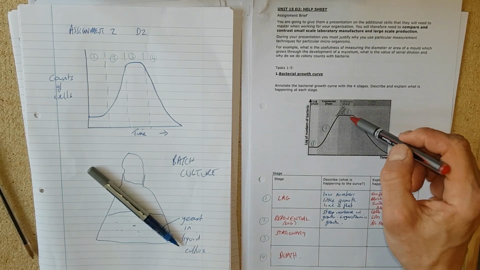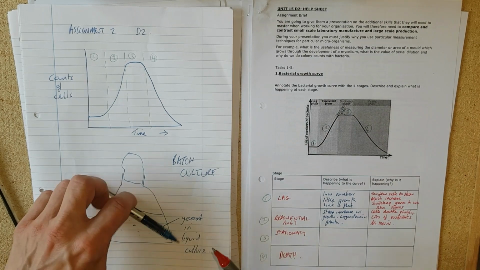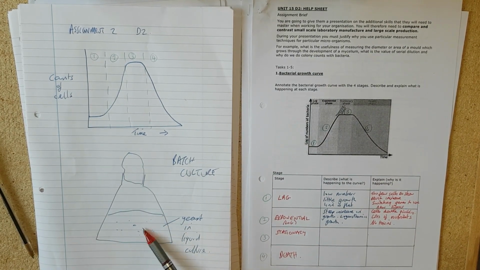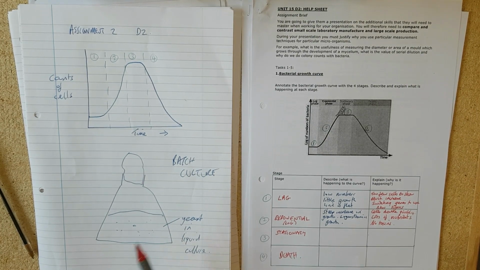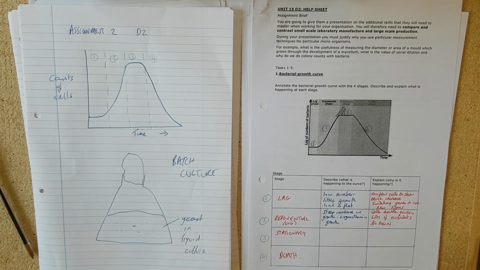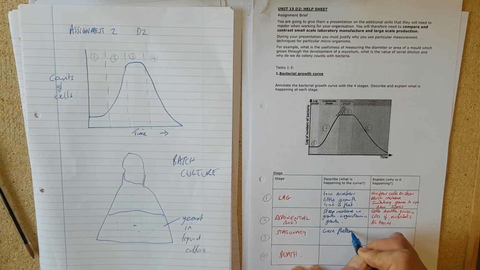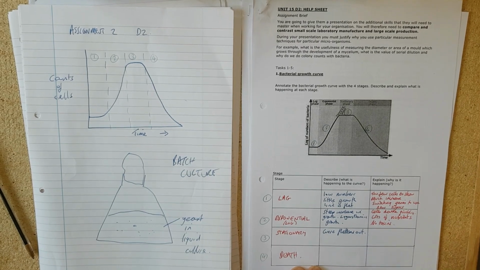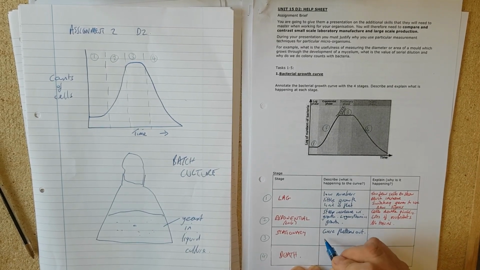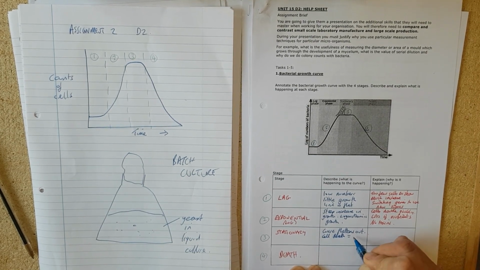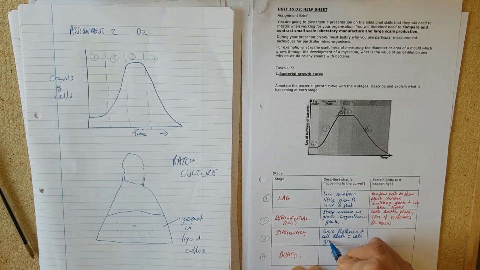Then we have, this would carry on going forever, but in this culture we start to run out of sugars and other nutrients that they need, and also cells sometimes produce waste products that prevent other cells from growing. So in the stationary phase we say the curve flattens out. Cell death is equal to cell growth.